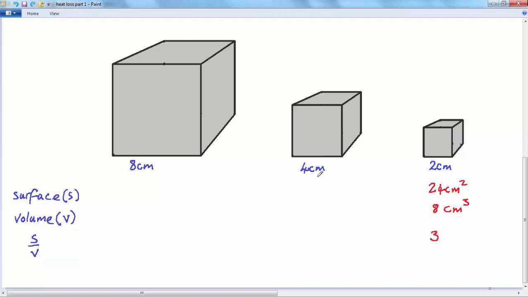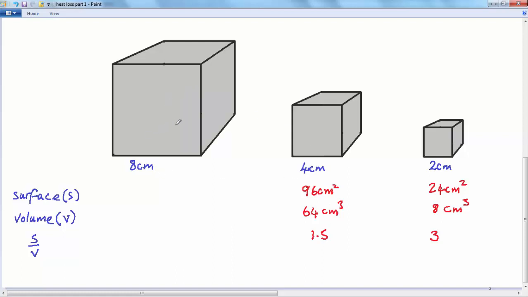Okay, and if we go to the next cube, we double the size of the cube, then the surface area becomes 96 centimeters squared. That's 16 multiplied by 6 faces, and the volume will be 4 cubed, which will be 64 cubic centimeters, and the ratio of the surface to volume in this case is going to be 1.5. So we halve that S over V ratio.